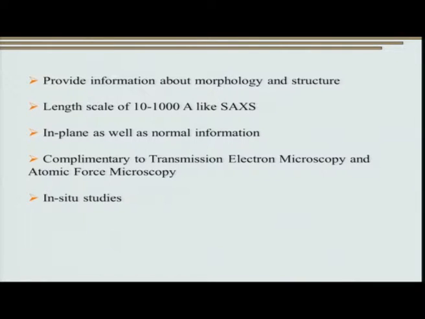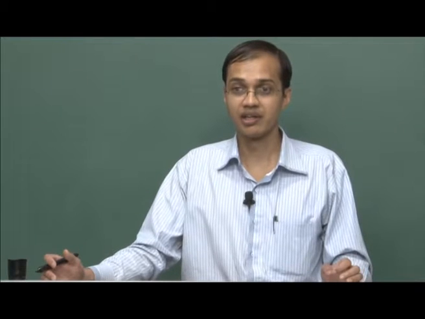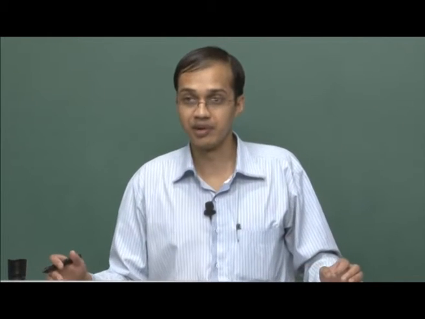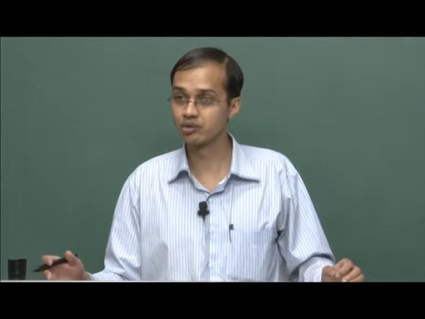In addition, it can give us information in plane. Since grazing incidence small angle X-ray scattering essentially is a surface characterization technique, it gives us information not only in the plane but also out of the plane or normal to the plane, which is very important for doing what is known as X-ray reflectivity. And like I had already mentioned in the last class, small angle X-ray scattering is complementary to characterization techniques like SEM, TEM and atomic force microscopy.